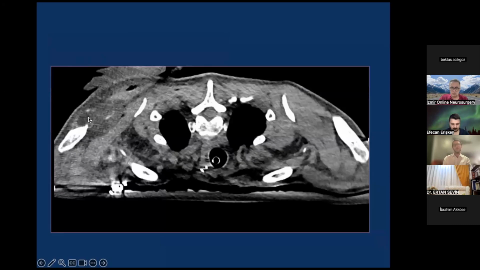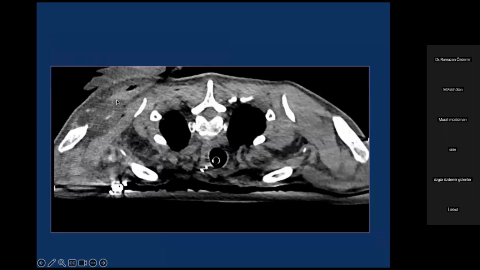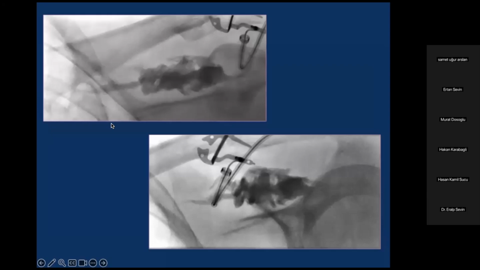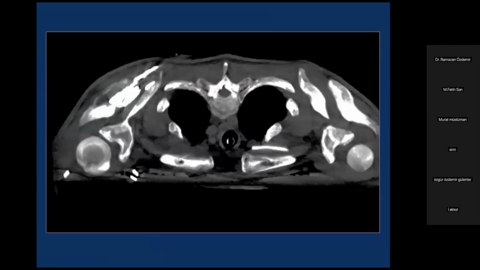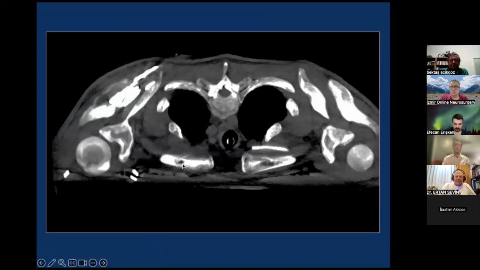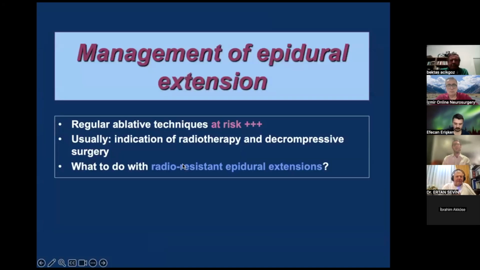And this is the final ice ball we had, with a complete destruction of the lesion. And afterwards, we injected some cement in the bone part, the lytic bone part of the lesion, to reinforce this scapula. And this is the result at the end of the procedure on CT scan.